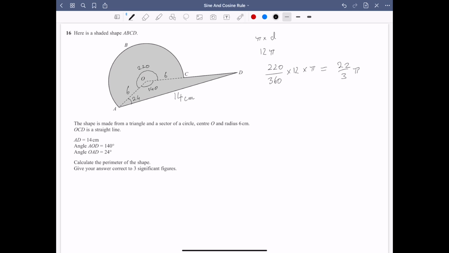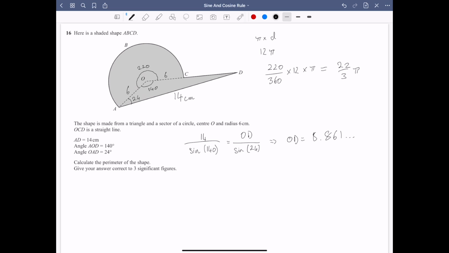So we can use the sine rule. And what we know is that 14 divided by sine of 140 is equal to OD divided by the sine of 24. Okay, which means that OD is equal to roughly 8.861.